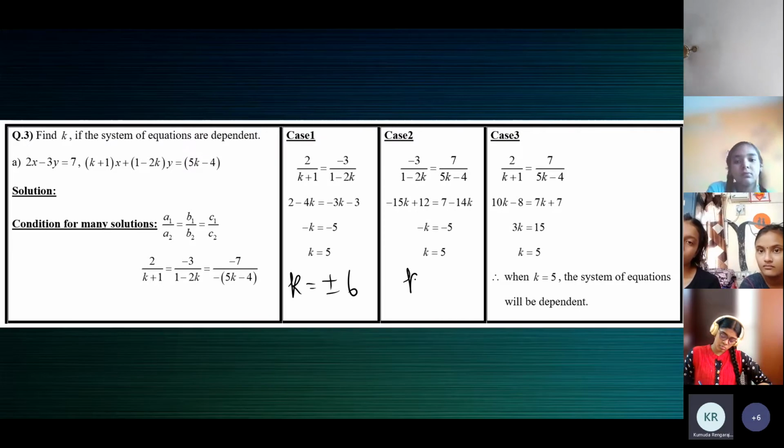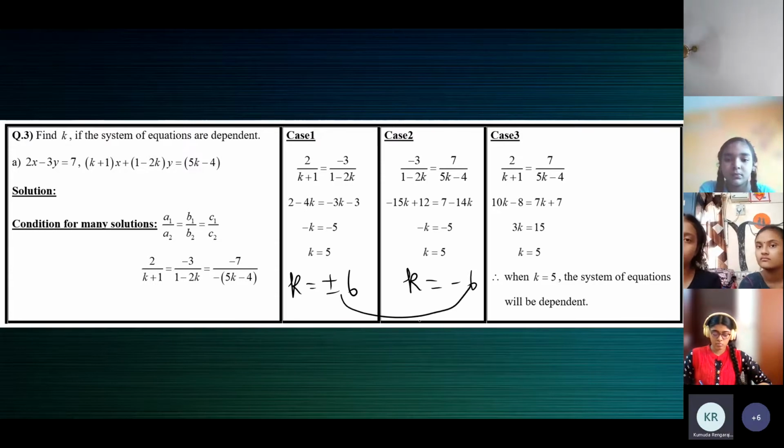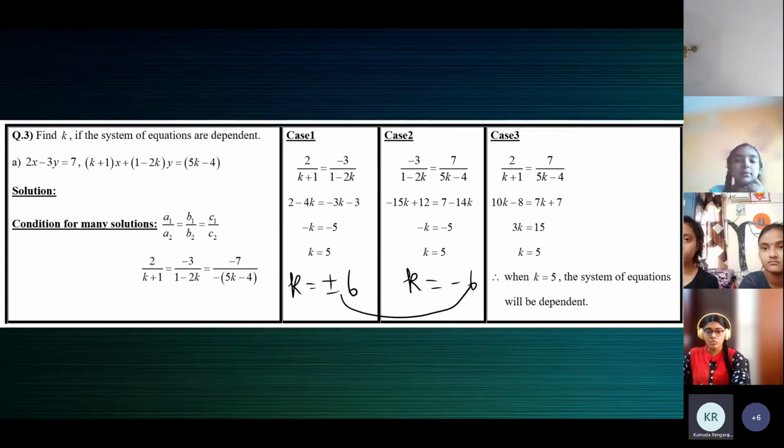In the second case, you will get only 1 answer, k is equal to, like, minus 6. So what's the common solution? Minus 6. So you should go ahead with the common solution. You should leave that solution plus 6. When k is equal to minus 6, the system of equations will be dependent. We'll go ahead with the common solution here.